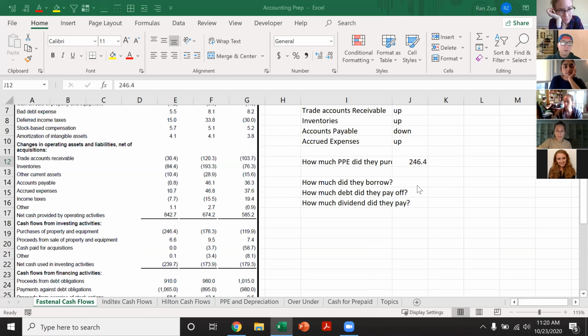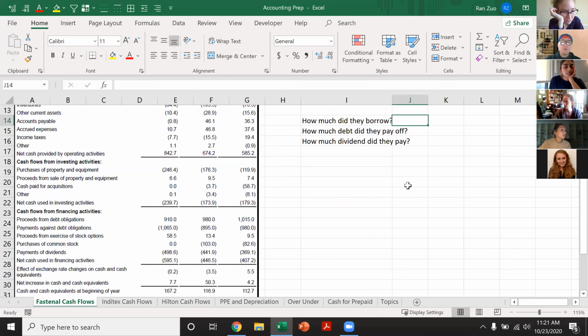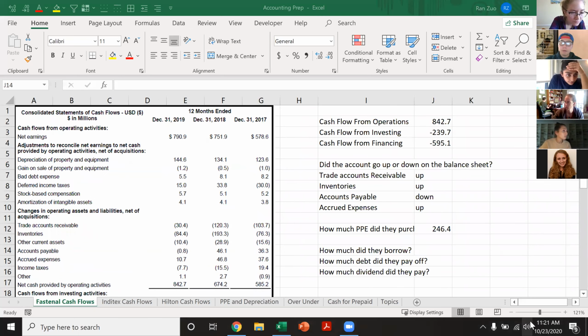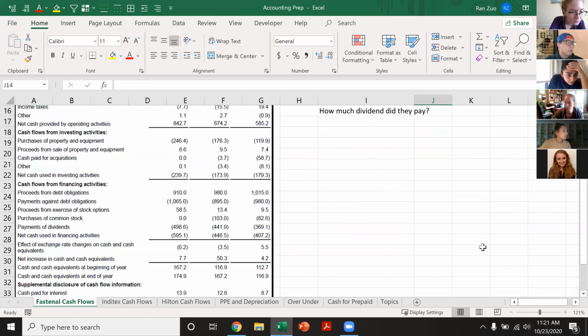How much do they borrow? So first, what section would this fall under? If you're borrowing money, that's a liability.